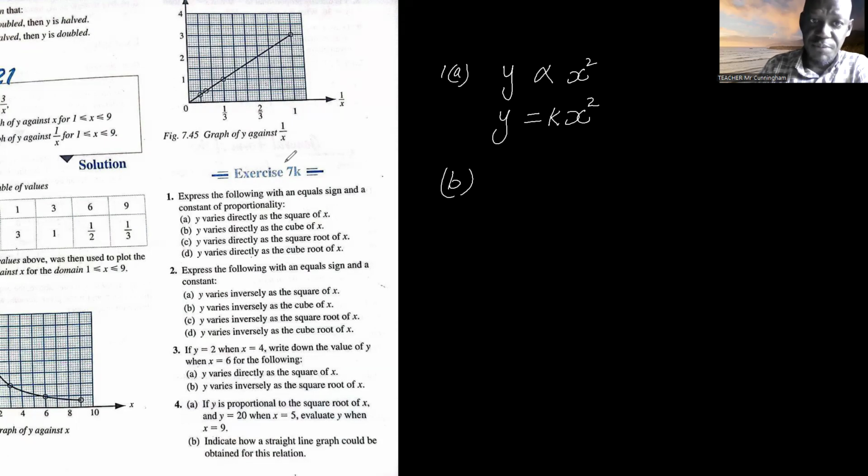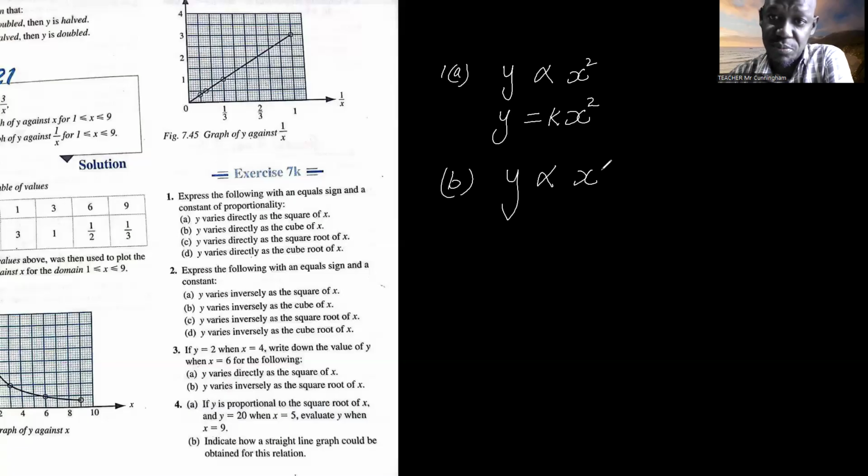All right, so most people can't type the cube of x, but the square of x is easy to write. I think Matthias was saying you hold down the 3 and it will cube. So y varies directly as x cubed. So y is equal to k times x cubed.